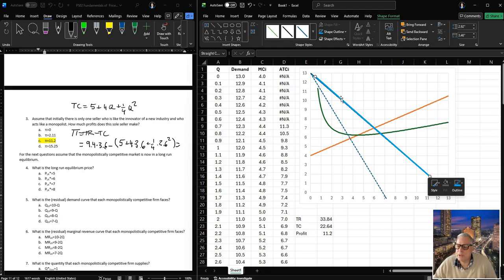Okay. So if you remember, the only firm before any market entry, when there was only one, supplied 3.6 and acted like a monopolist. So it chose the price of 9.4, but you can see the demand function is a lineup of people according to their willingness to pay.